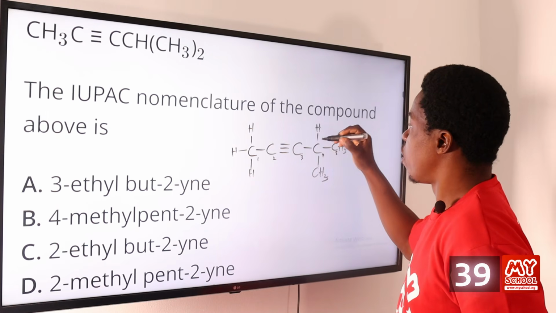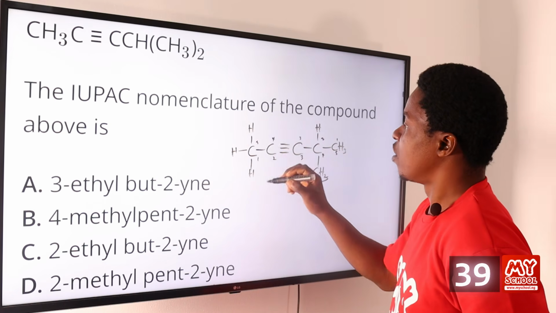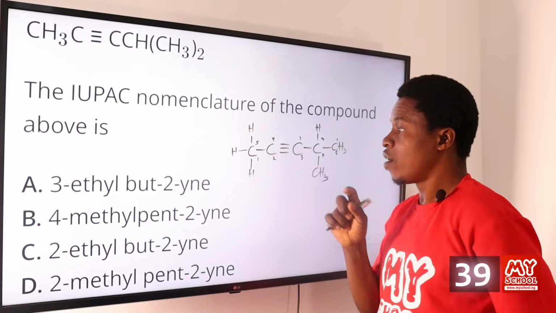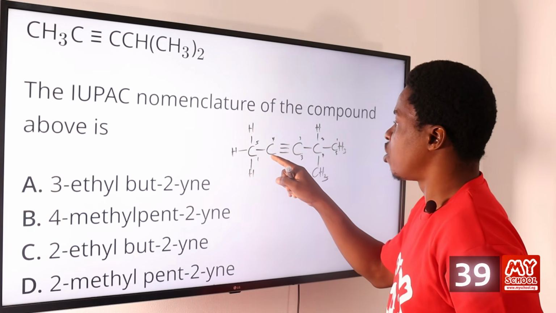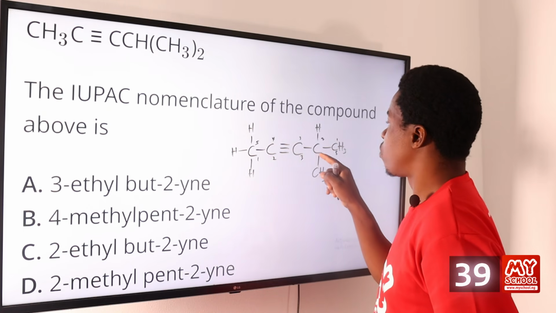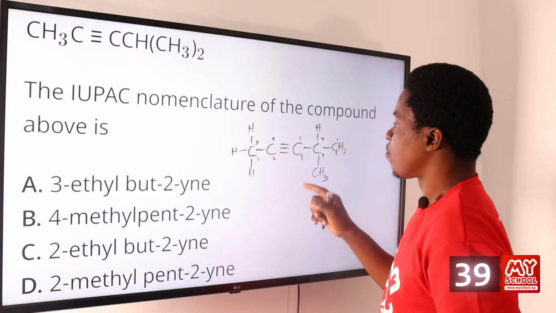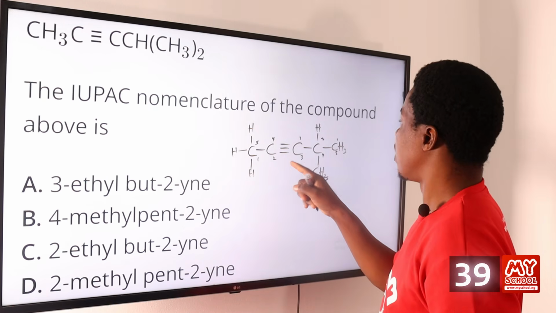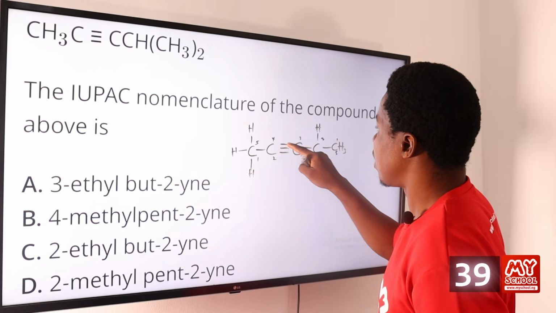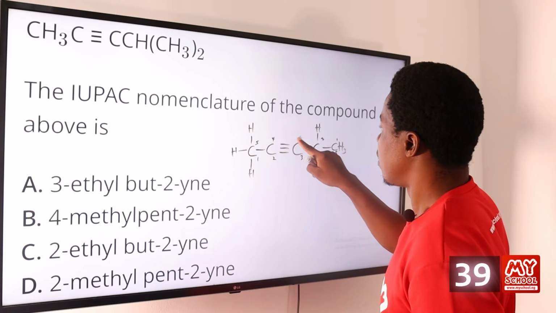Now we give reference to the one with the shorter distance to the triple bond. From here, the triple bond is on carbon 2, but from the other end, 1, 2, 3, 4, it is on carbon 3. So we go with the shorter one.